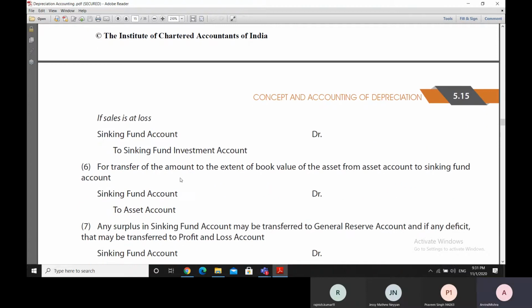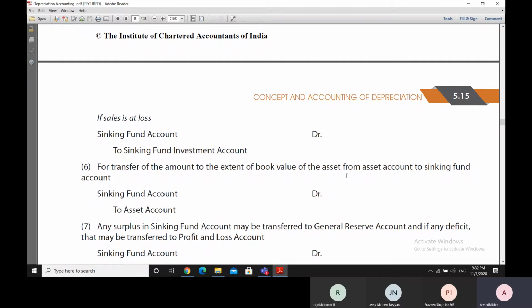So then what we do is that we debit the sinking fund account and we credit the asset account, because we are transferring the amount, to the extent of the book value of the asset, from the asset account to the sinking fund account.